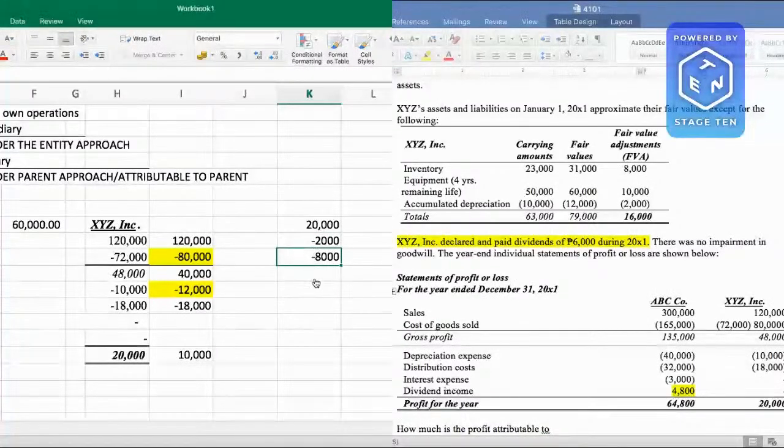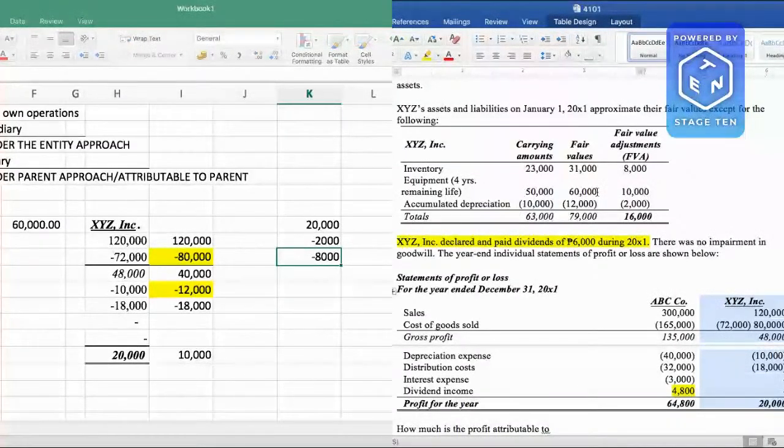We incorrectly computed earlier, class, because we failed to properly appreciate the problem when it says that the fair value is 50 and 60. The 50 and the 60 here, class, is based on their original life, as can be inferred from the given accumulated depreciation. Okay, so if 50 divided by 5 and 60 divided by 5, this will give us 10,000 and 12,000.